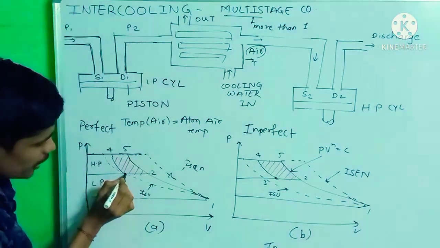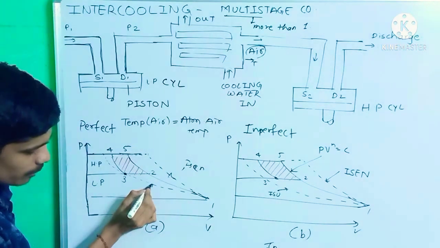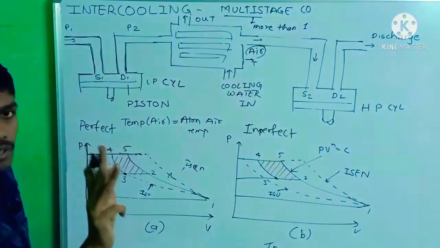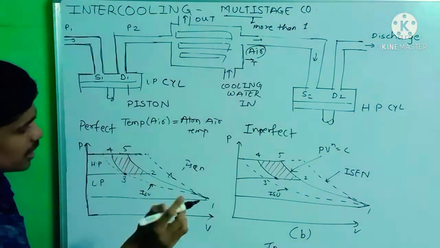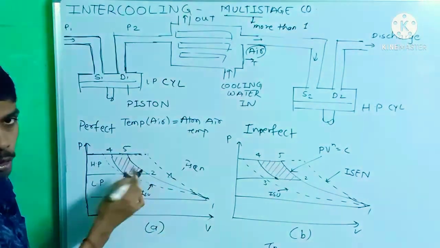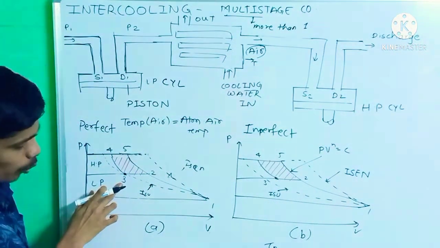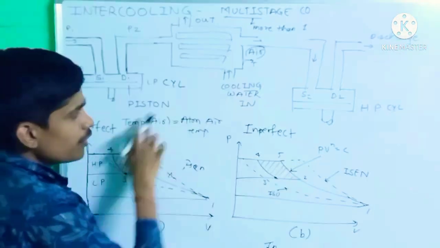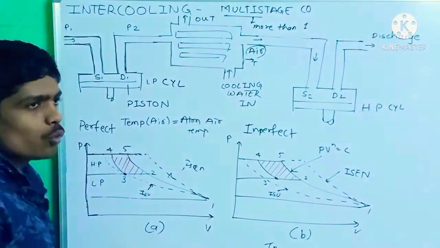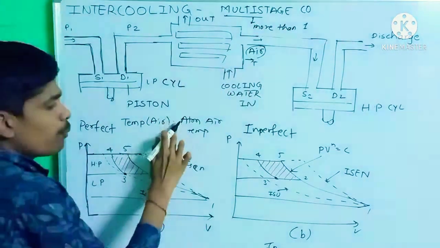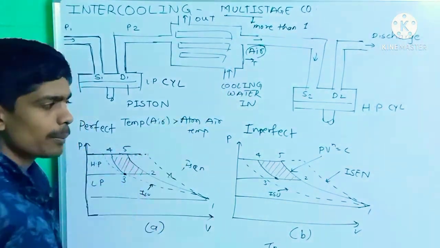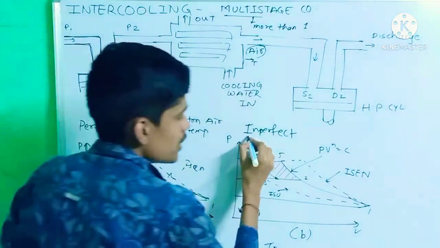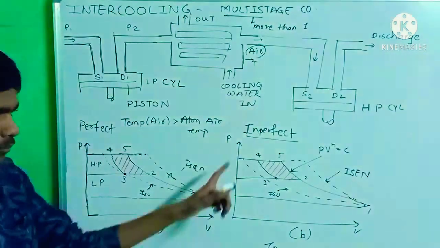See, your point 3 lies on this isothermal curve. Compression process takes place in 3 ways: isothermal, isentropic and polytropically. Here your point 3 lies on the isothermal curve. But if the temperature of air coming out from the intercooler is more than atmospheric air temperature, then it is imperfect intercooling.